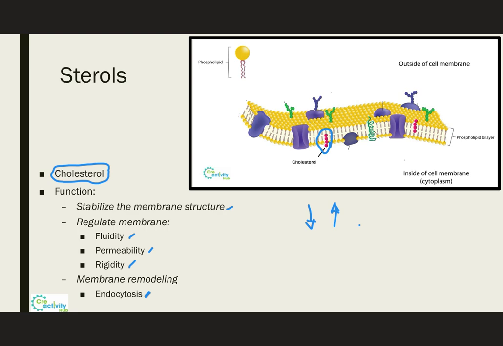And by creating bigger spaces, there is an increase in the fluidity of the plasma membrane. And the opposite is true as well. Therefore, when the temperatures are extremely hot, cholesterol is able to decrease the plasma membrane fluidity. And this occurs because the increased energy from the heat causes its molecules to move more rapidly, and this restricts their ability to flow past one another, therefore decreasing the fluidity of the plasma membrane.